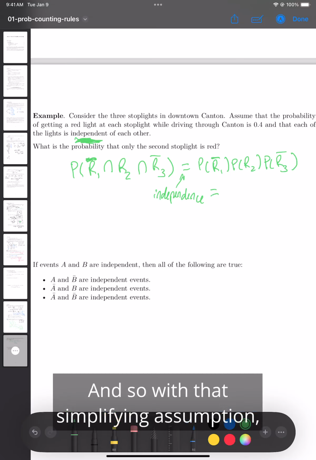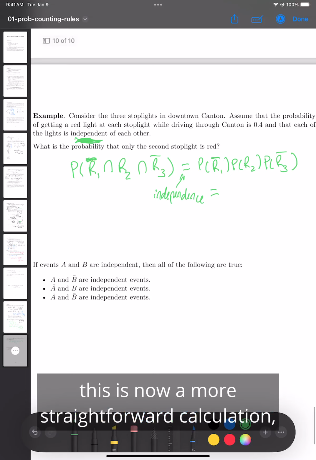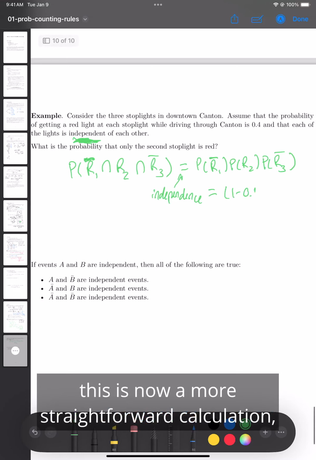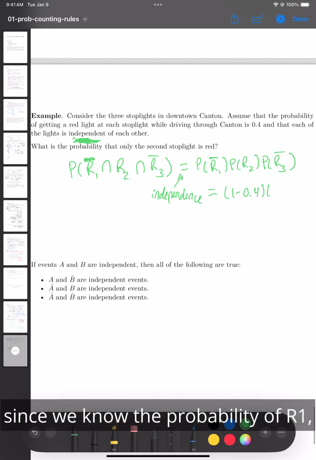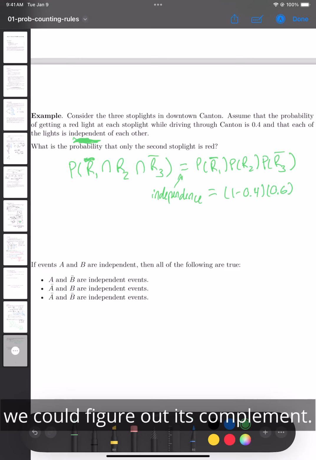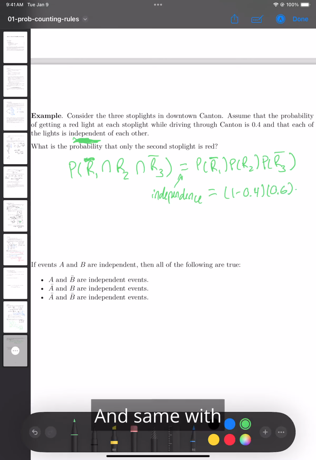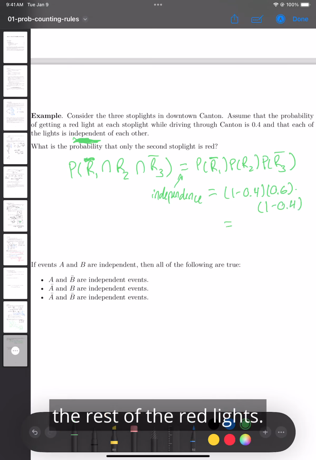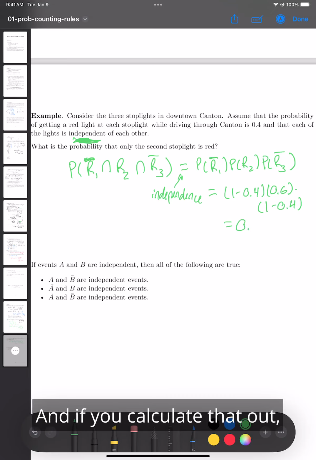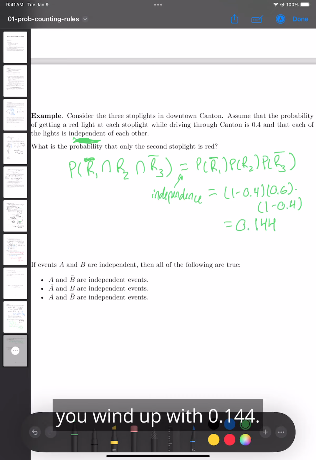And so with that simplifying assumption, this is now a more straightforward calculation, where since we know the probability of R1, we could figure out its complement. And same with the rest of the red lights. And if you calculate that out, you wind up with 0.144.